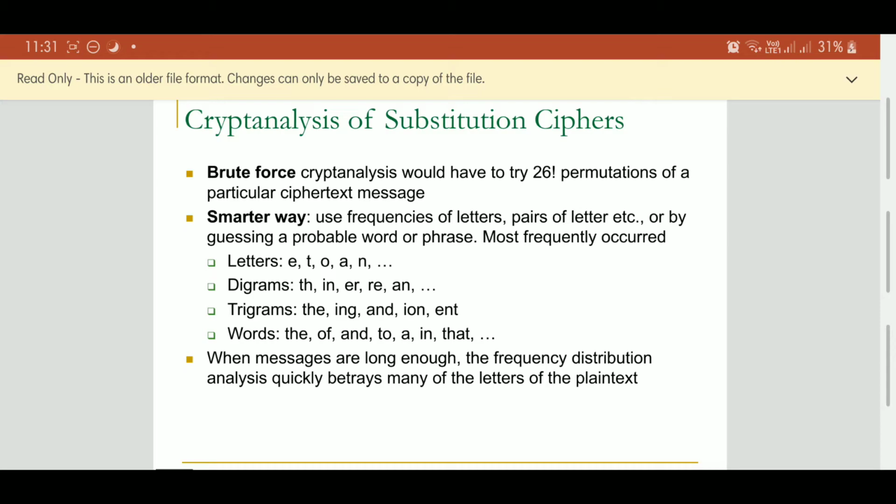The most frequently occurring letters are E, T, O, A, N. Digrams: TH, IN, ER, RE, AN. Trigrams: THE, ING, AND, ION, ENT. Words: THE, OF, AND, TO, A, IN, THAT. When messages are long enough, the frequency distribution analysis quickly betrays many of the letters of the plain text.